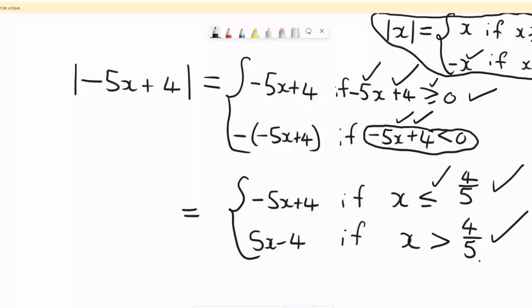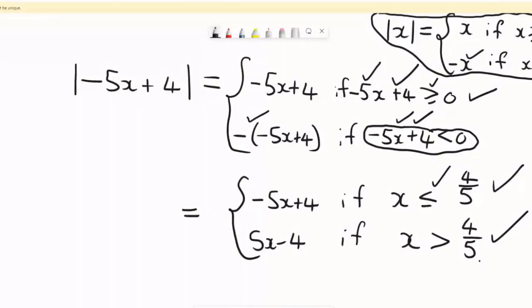Okay, my question would be for the second one. The bottom one. This one here. When you multiplied -5 with the negative, it became 5x minus 4. Yes, to get this.